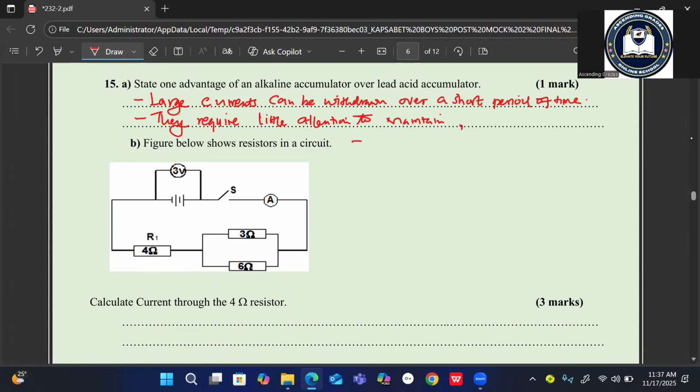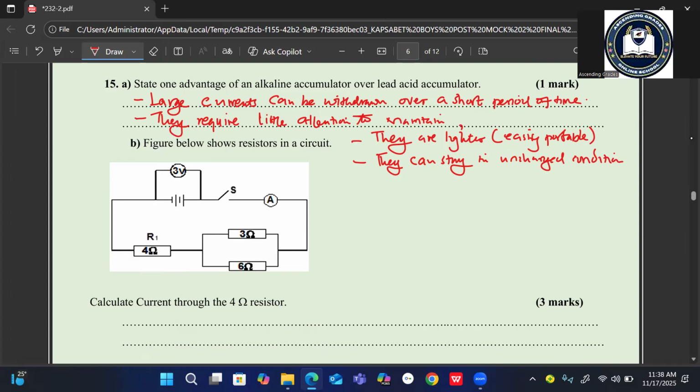We still have others. They are light, and because we are comparing, they are lighter, easily portable. They can stay in uncharged condition for a long time.